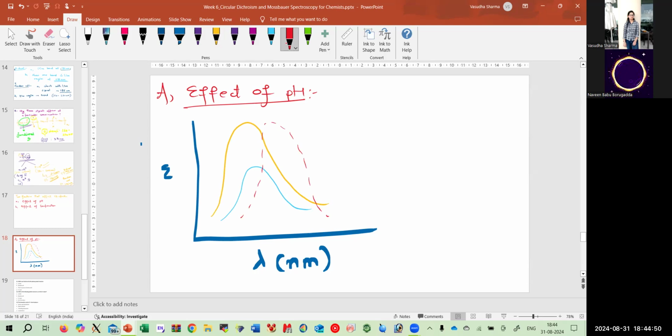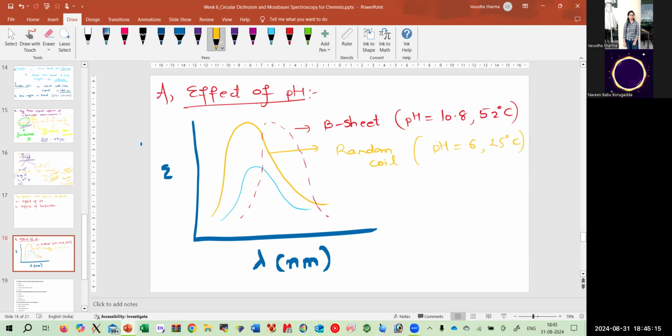I have drawn the three things: this is of beta sheet at pH 10.8 and 52 degrees Celsius, defining both pH and temperature. This orange trace is of random coil at pH 6 and 25 degrees, that means room temperature. And the last one is alpha helix at pH 10.8, but at room temperature.